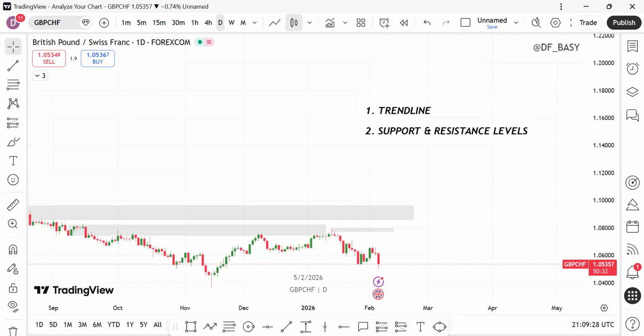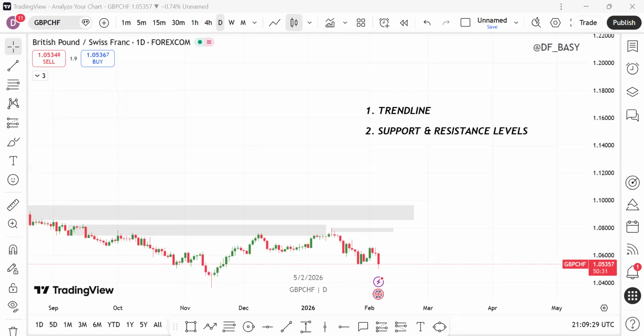Okay, so basically, we were talking about trend lines. Trend lines in Forex trading is basically a line that is drawn on a price chart to show the direction of the market. So basically, you use trend lines to understand the direction of the market over a period of time, right?